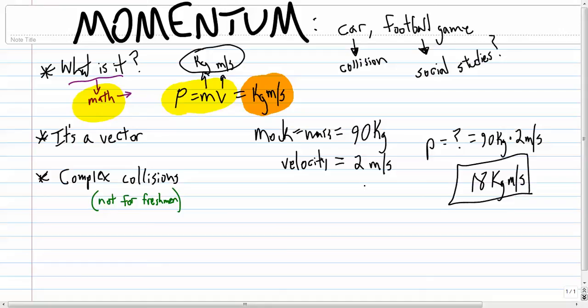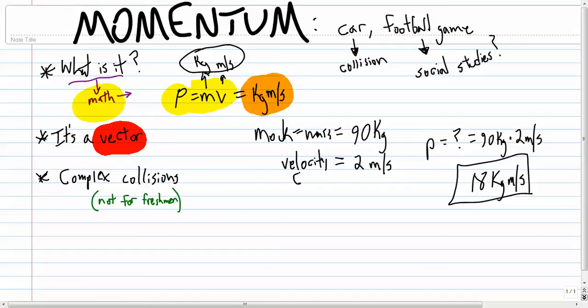Now, momentum is what we call a vector. And what does that mean? That means that it always has a direction. So quite often you'll see momentum written with a little arrow over it, or an arrow over the velocity. But in this class, it would be good enough for us to just say which way my velocity is.